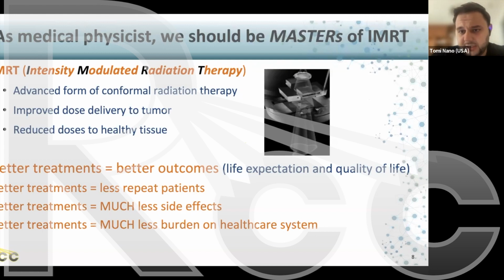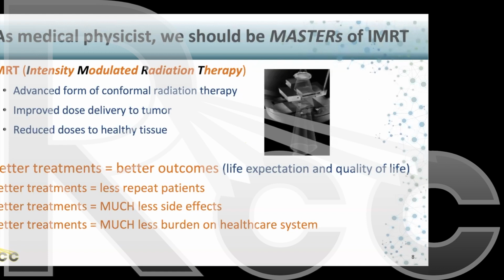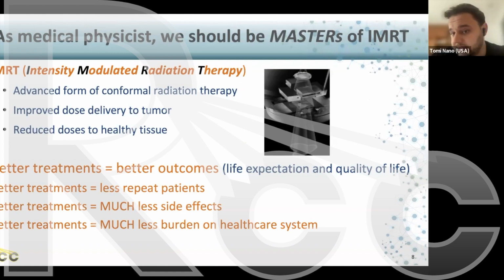And really, IMRT is a result of technological advancements in our ability to shape the radiation field with our linear accelerators and also deliver radiation from different gantry angles. And this will result in the ability to deliver more dose to the tumor and less to healthy surrounding tissue, leading to better outcomes in terms of life expectation and quality of life.